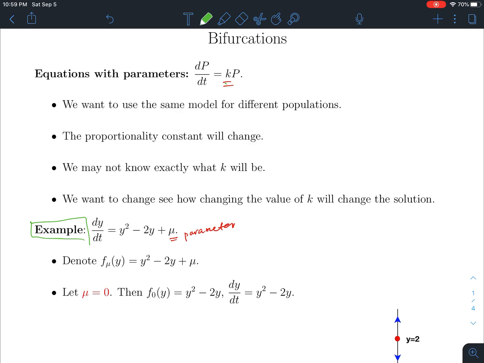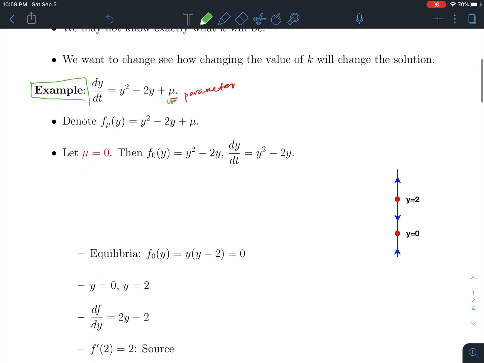For bifurcation analysis, for this equation, we have a parameter mu. If mu equals 0, this corresponds to dy/dt equals y squared minus 2y. Given this particular mu, we can study the equilibrium points, classify them, and do the phase line study.